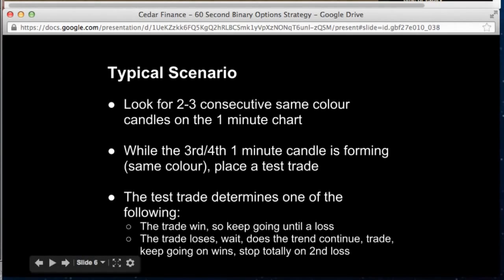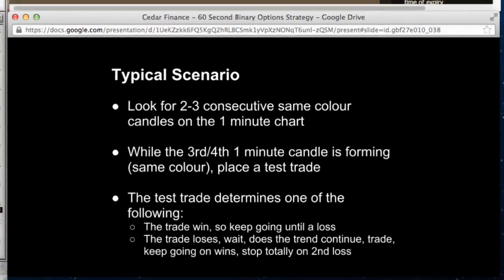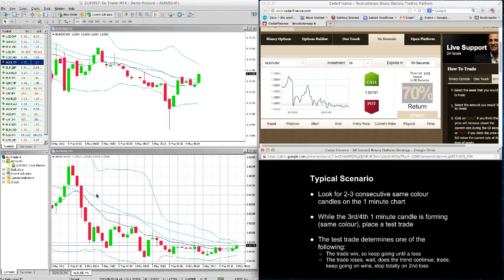If the trade wins, you keep going until you get a loss. So you might be able to get 2 or 3 trades in before you get a loss, so you would have won 75%, which is you're going to win more than you've lost.